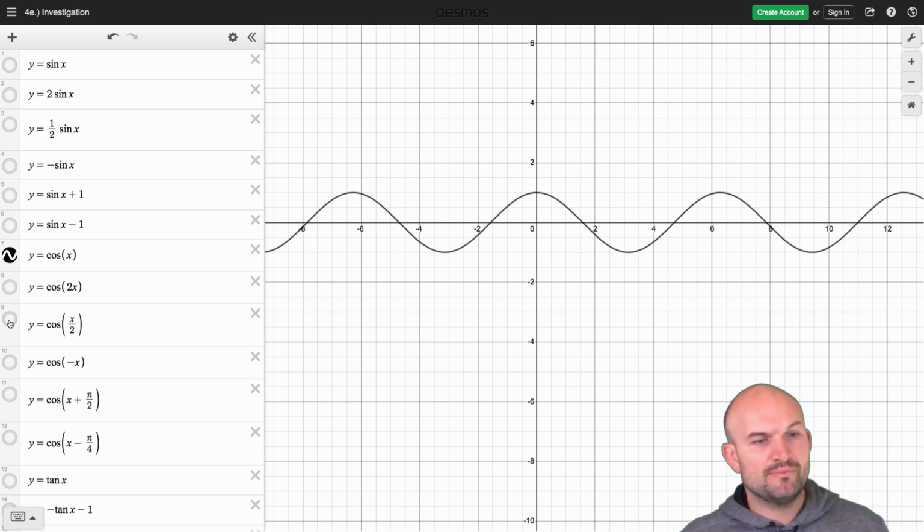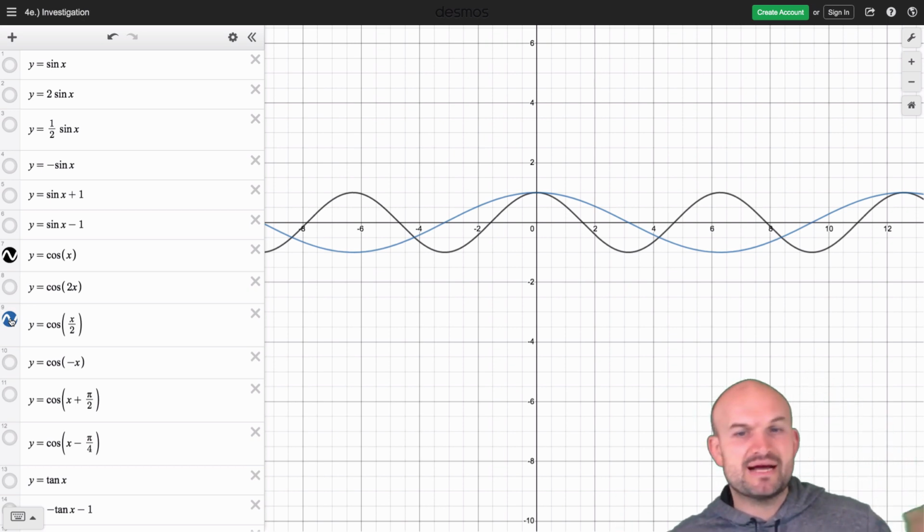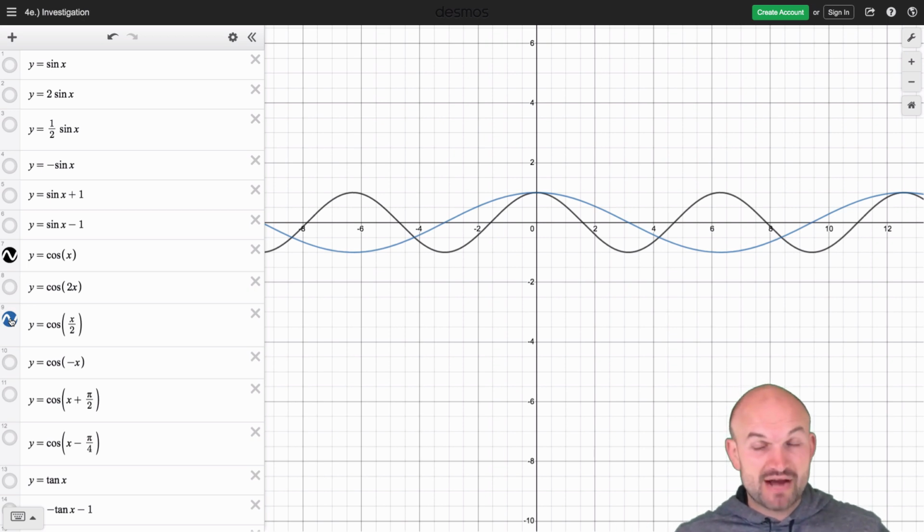Then you can see here, when we divide by 2 or multiply by 1/2, the graph is horizontally stretched, kind of like a vertical compression. Not the same, but the same kind of idea. That also changes how long it takes the graph to repeat itself.